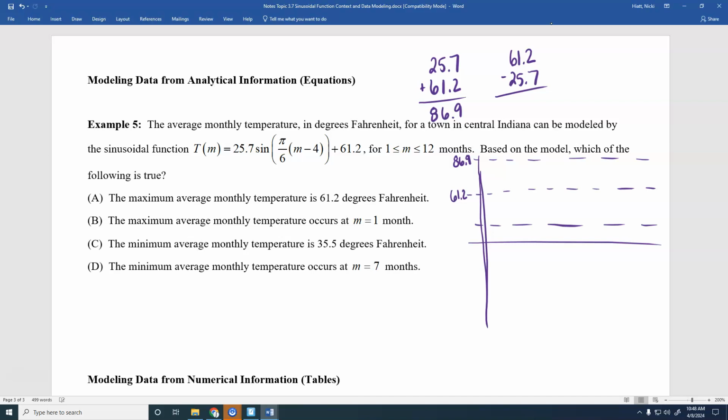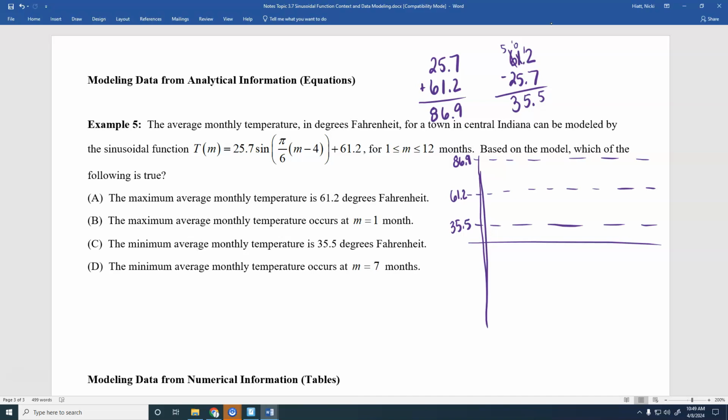We'll have to do some borrowing here. Okay, so this is 35.5.